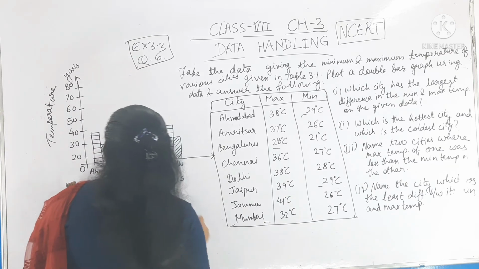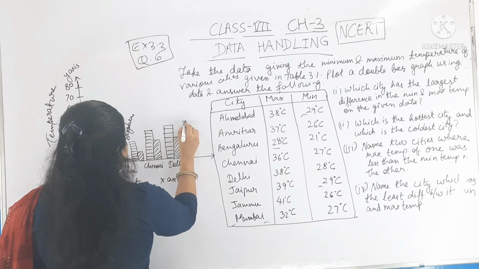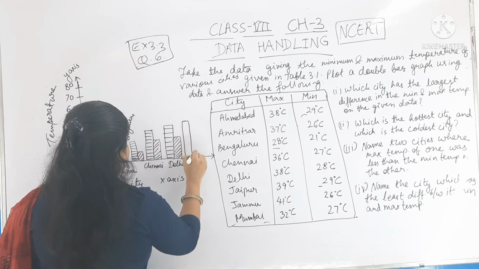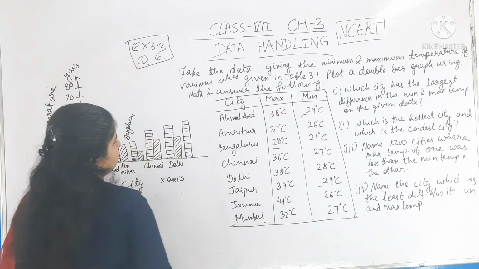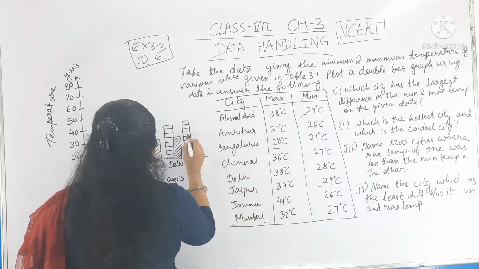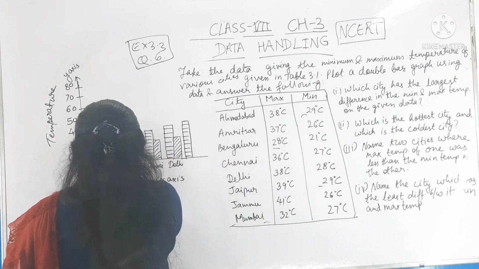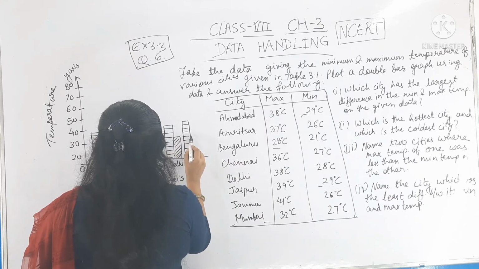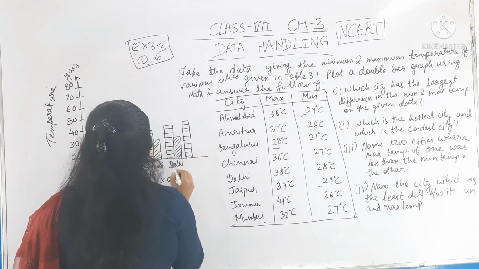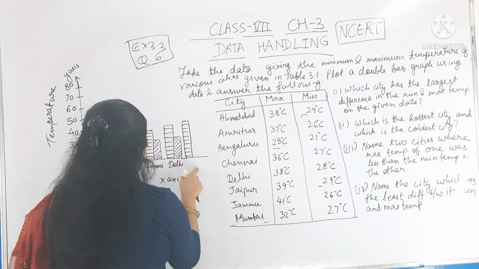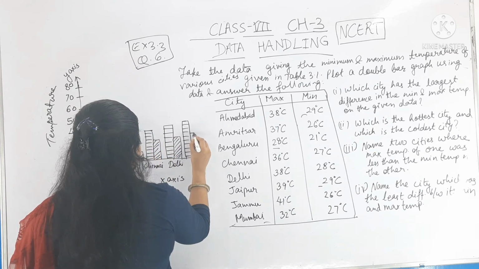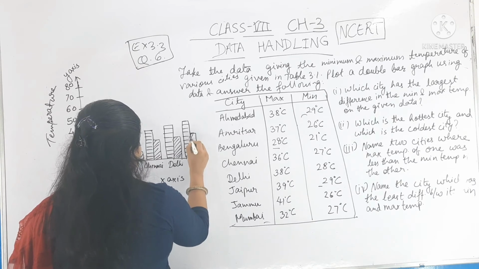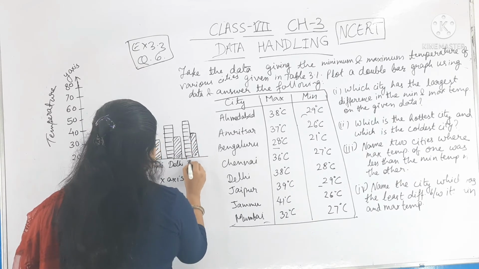Jaipur is having 39 and 29 degrees Celsius. This is Jaipur.